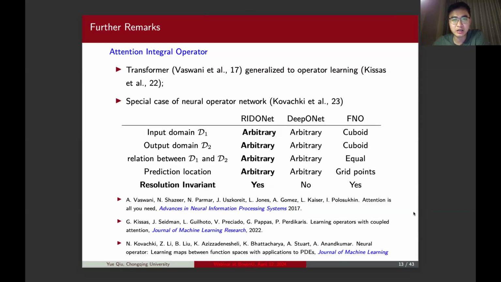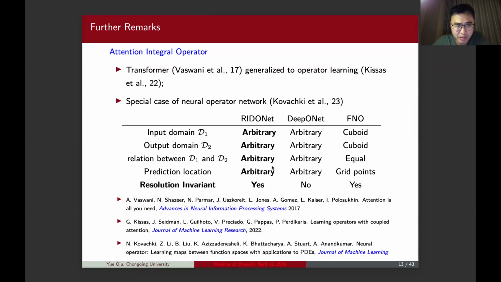Our framework's application is more general, since for the input domain and the output domain it does not require any regular or irregular domain.